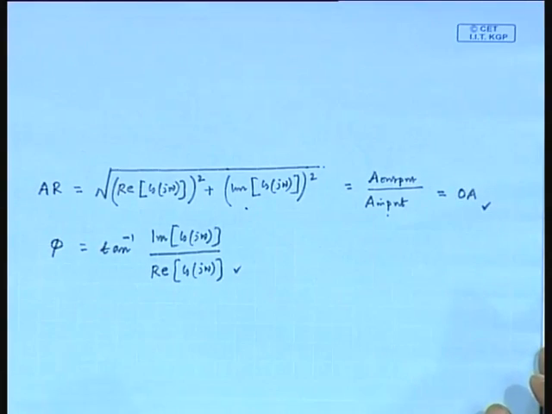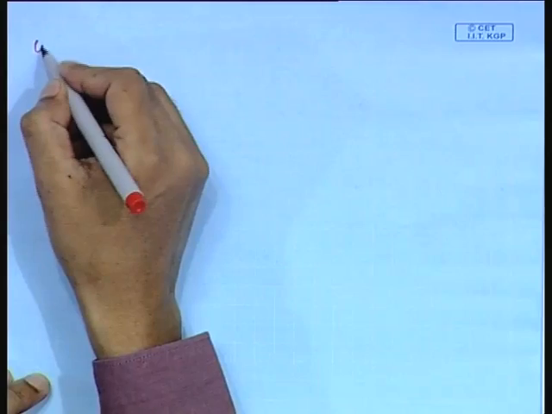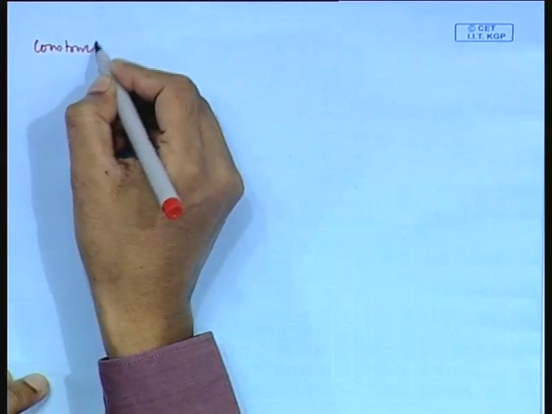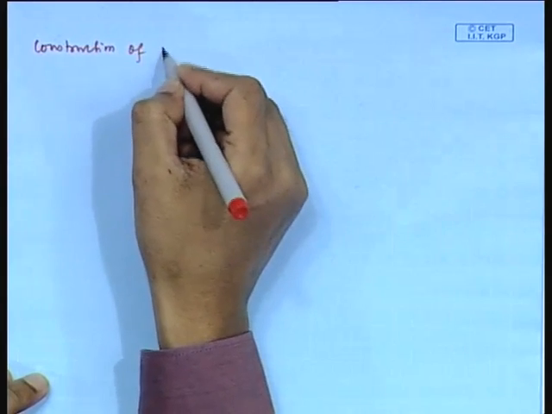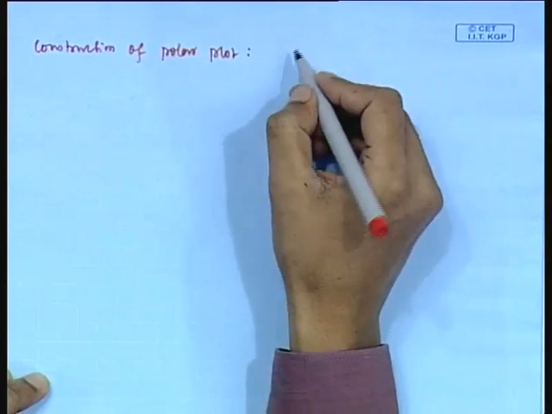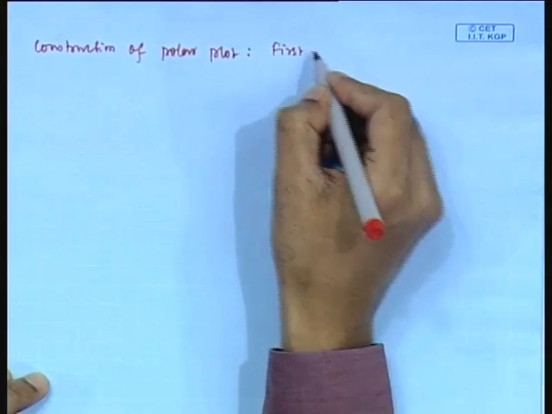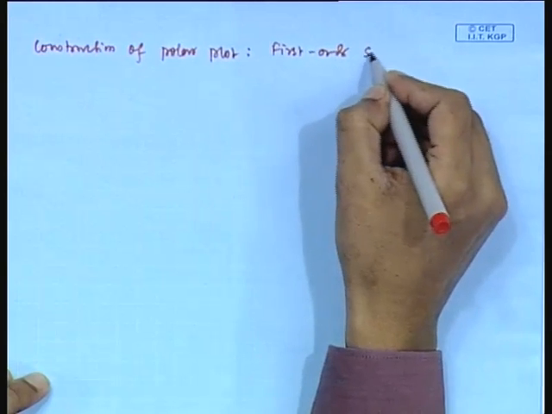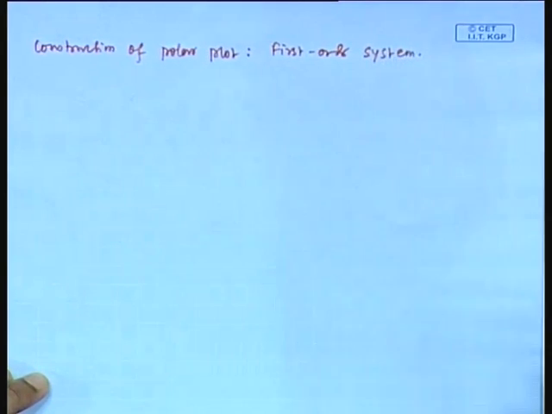Next, we will discuss the construction of polar plot for first order system, second order system, etc. So, next we will consider the construction of polar plot for the first order system.